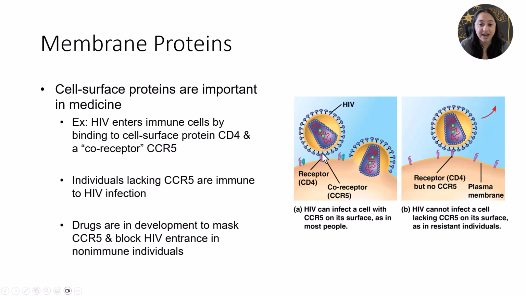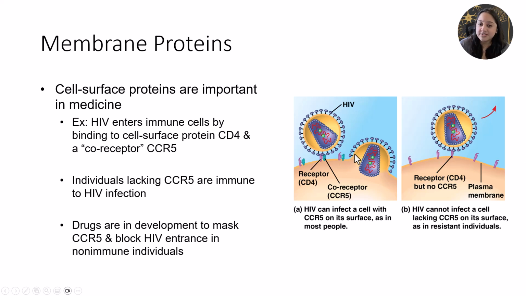Together they happen to recognize this virus protein, which tricks them into taking in the virus, and then it enters our cells. But if individuals are lacking that co-receptor, then it's not functioning to get tricked and bring the viruses in. Individuals lacking that receptor are immune to HIV infection. Drugs are in development to see if we can mask CCR5 and block HIV's entrance in non-immune individuals.